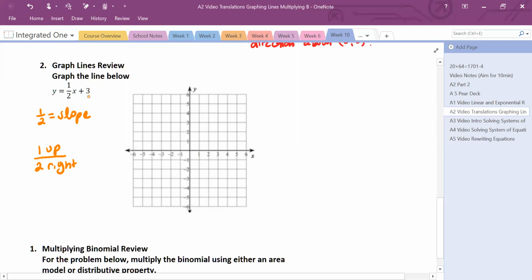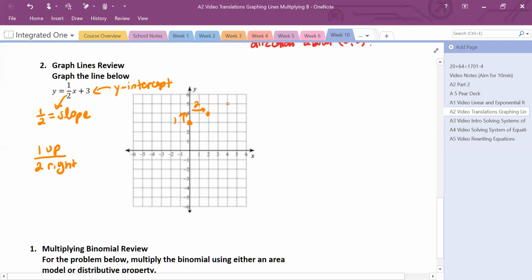And then what is this 3 right here? Well, that is our y-intercept. And remember when we did our review yesterday, this was all in that review on lines and linear patterns. So here's our y-intercept. And it says we're going to go up 1 and then over 2.